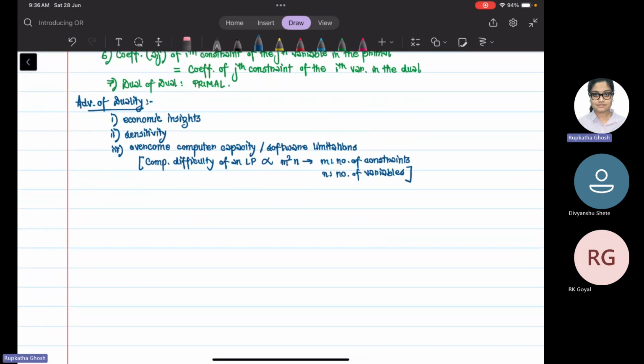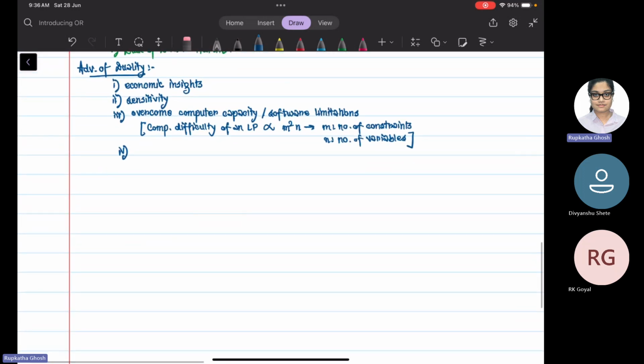And duality theory also gives you the foundation for consideration of several other algorithms, okay, such as MODI, which is the modified distribution algorithm for TP, transportation problem, okay.